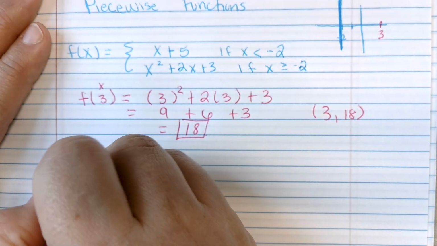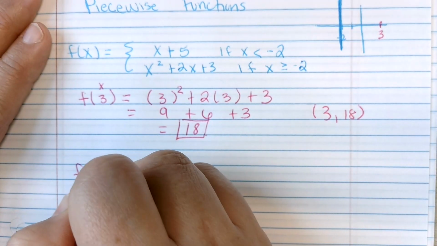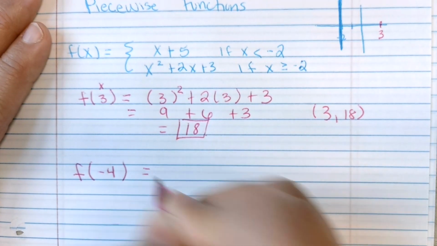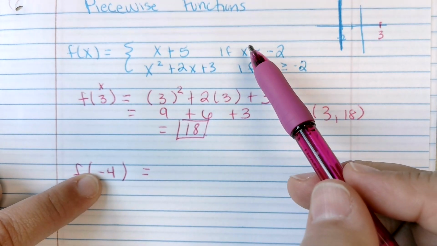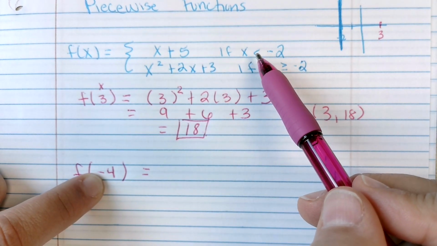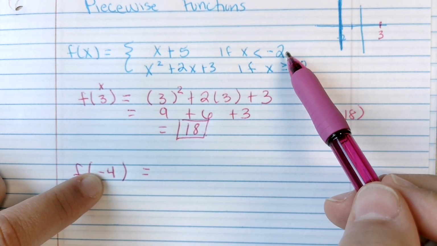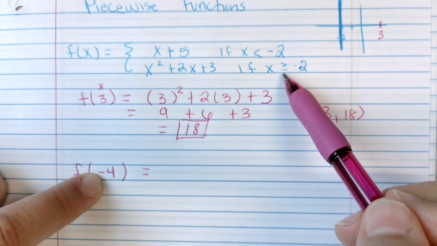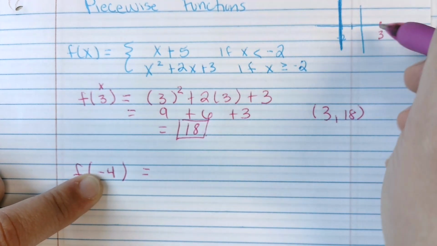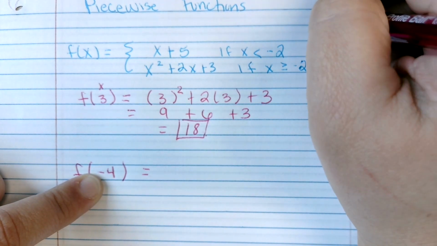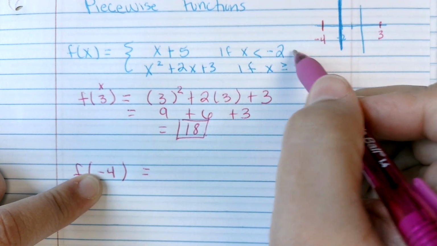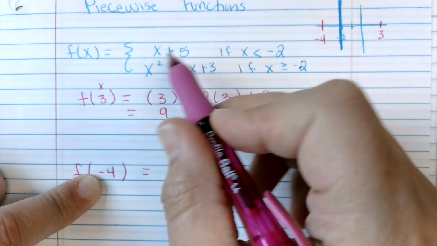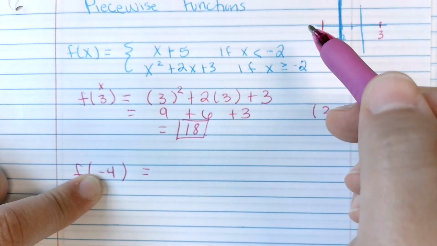Okay, now I can also evaluate at a different number. So I can give you another problem. So this time, negative 4, we're going to do the same method. Is negative 4 less than negative 2, or is negative 4 greater than or equal to negative 2? So on my number line over here, negative 4 is here. So we're going to use the first equation because it's on the left-hand side where the first equation exists.